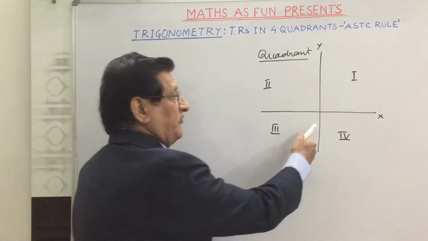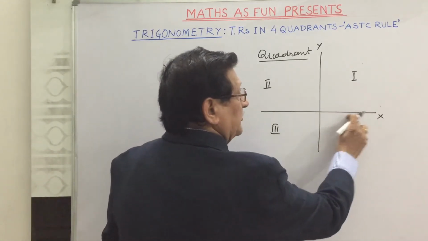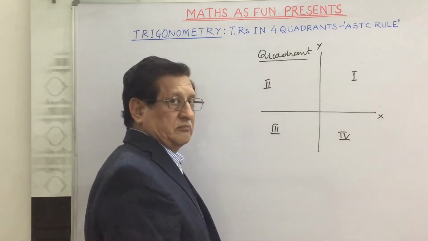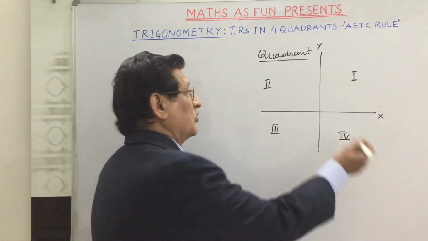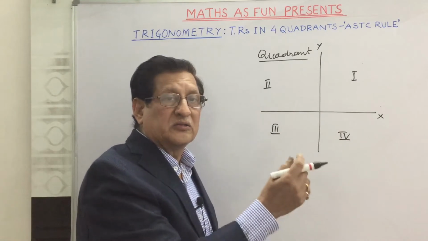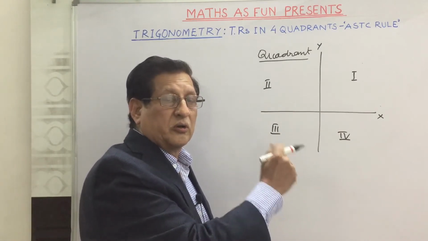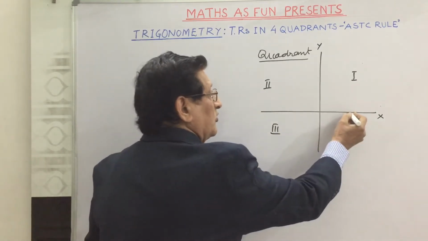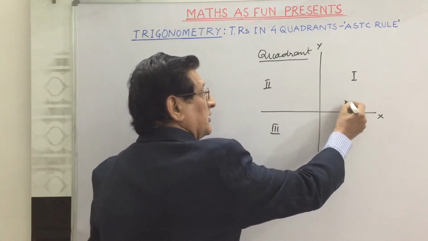According to that, if this is the starting position of the revolving line and it goes to make the positive angle, then a positive angle is made when it revolves in the anti-clockwise direction, in this direction.